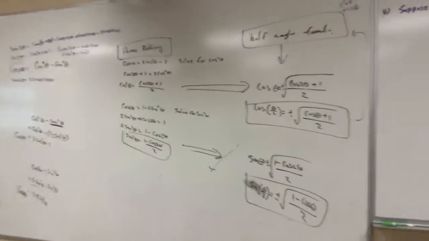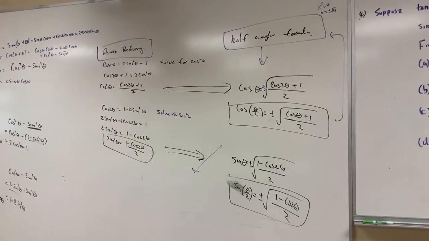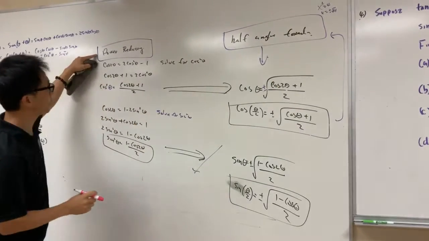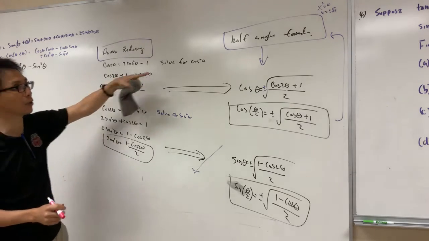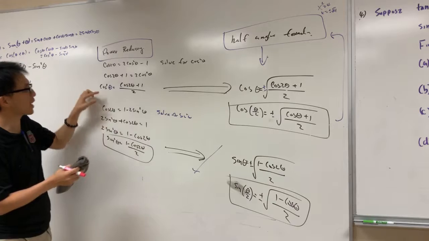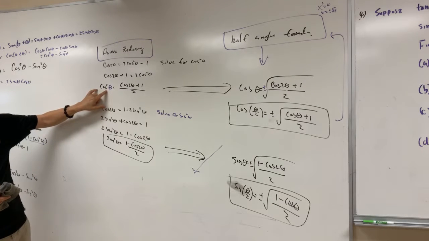I'm going to just look on this side of the board. This is power reducing. We got down to here, right? So we say half angle is right here. Half angle is, instead of solving for cosine squared theta, I'm solving for cosine theta, but one more step.